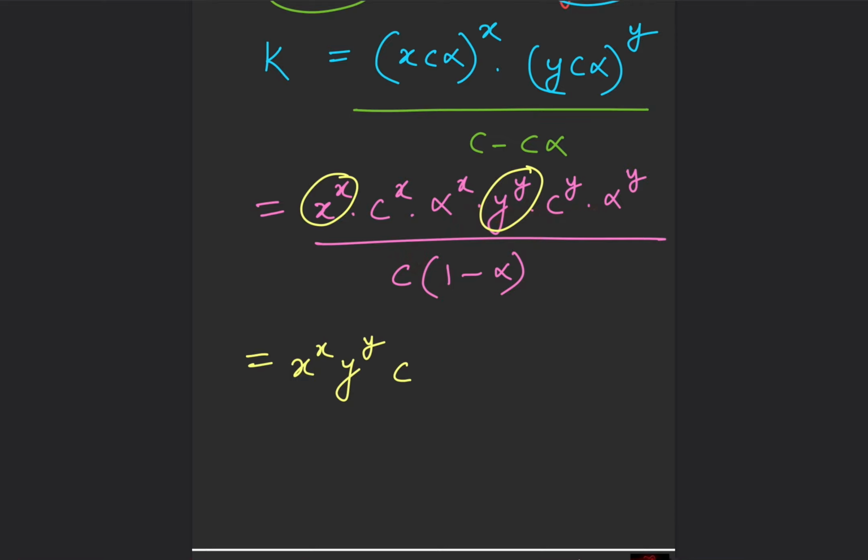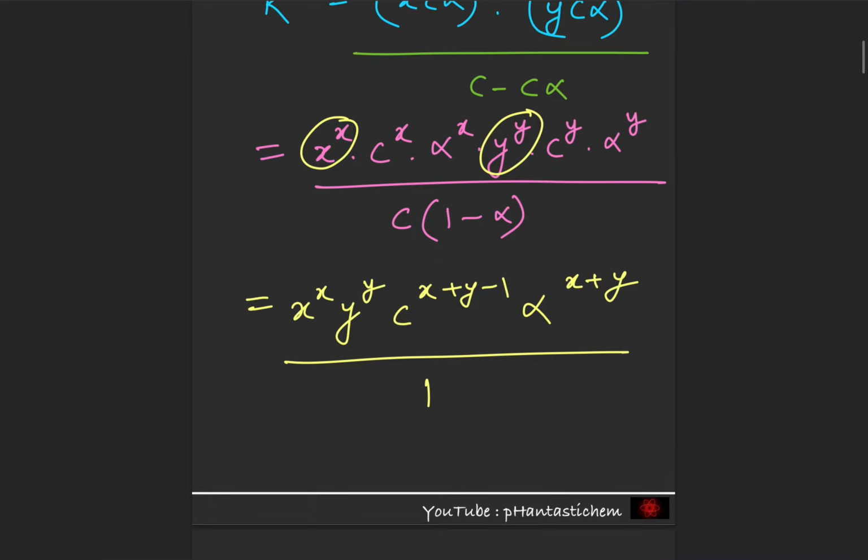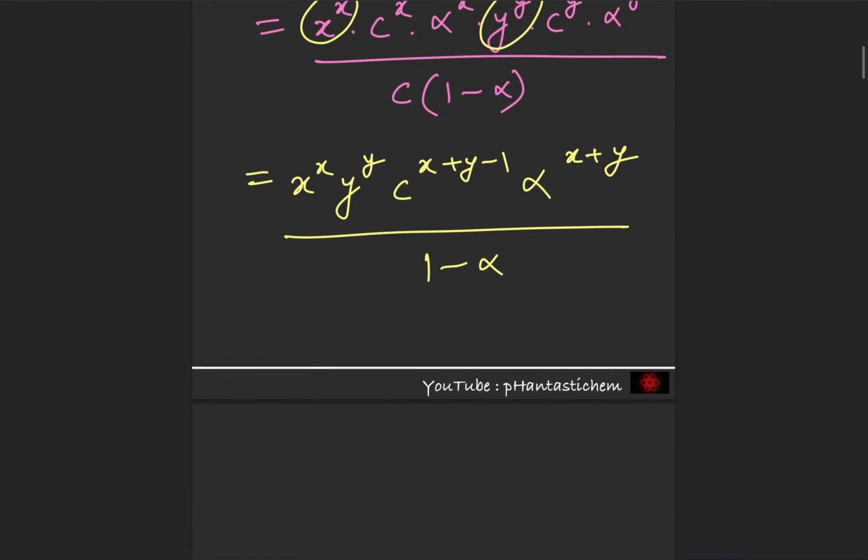So it will be C to the power x plus y minus 1. And also we have alpha to the power x, alpha to the power y. So ultimately it will become alpha to the power x plus y. And in the denominator we'll be left with 1 minus alpha. Okay. Now, this is equal to our K.